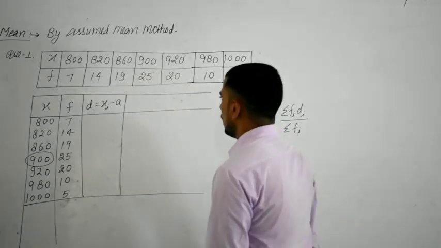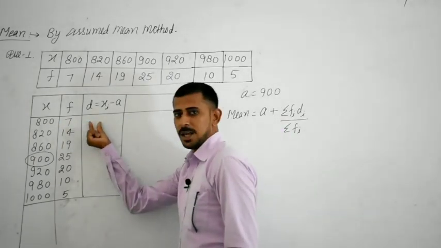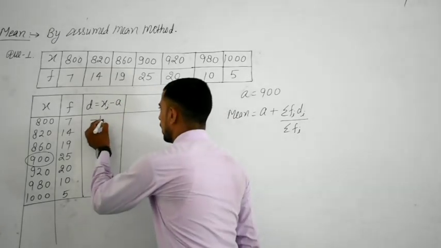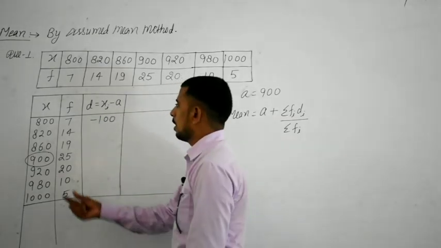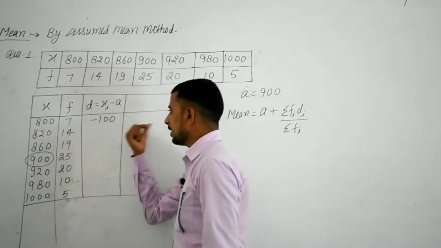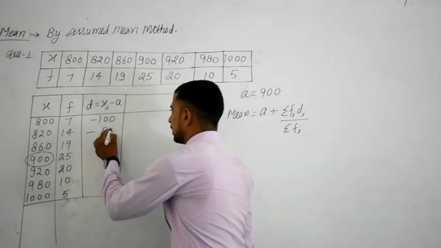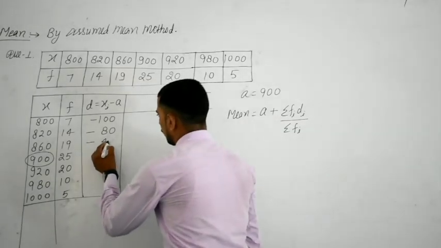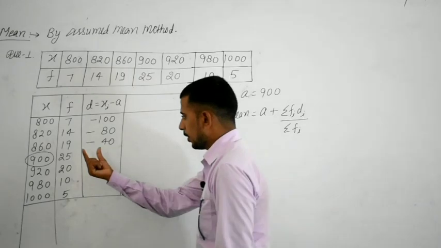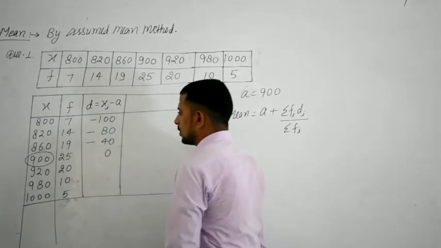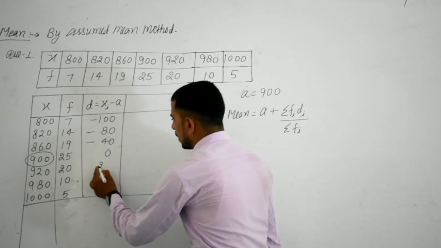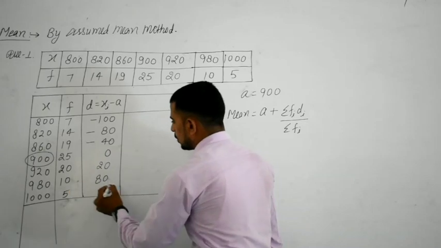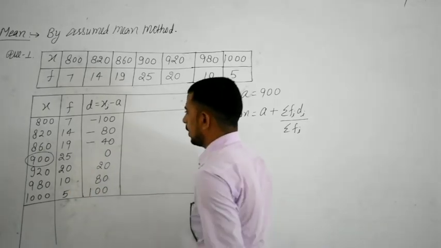xi minus A. It means xi is 800, A is 900, 800 minus 900 is minus 100. 820 minus 900 is minus 80. 860 minus 900 is minus 40. 900 minus 900 is 0. 920 minus 900 is positive 20. 980 minus 900 is 80. 1000 minus 900 is 100.